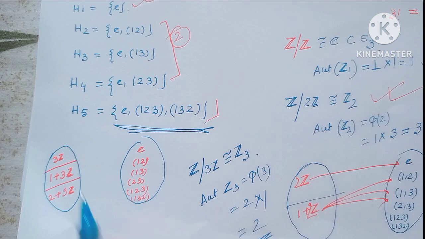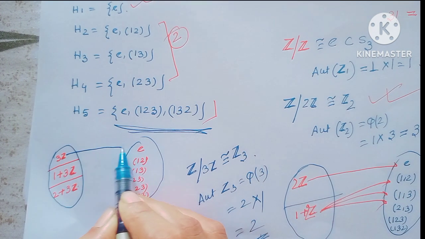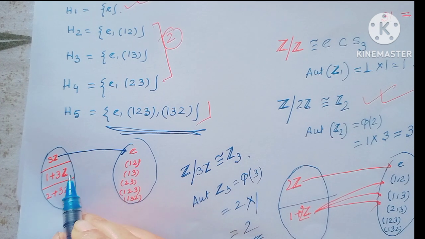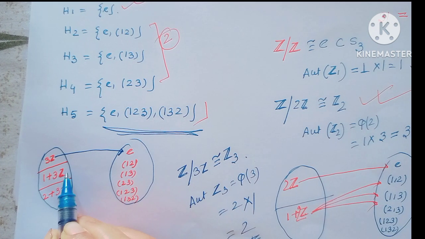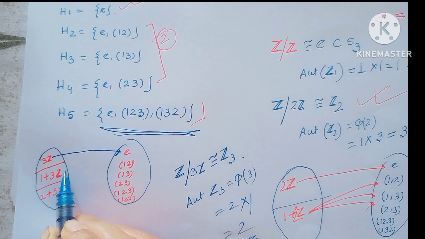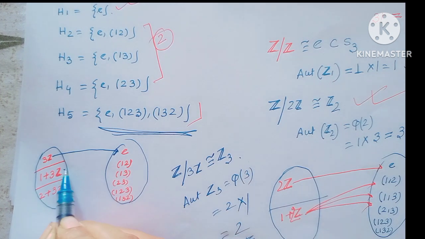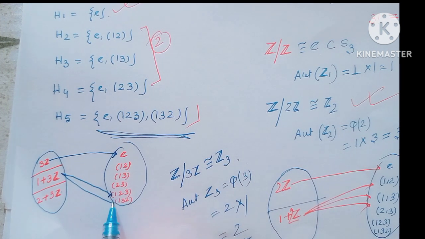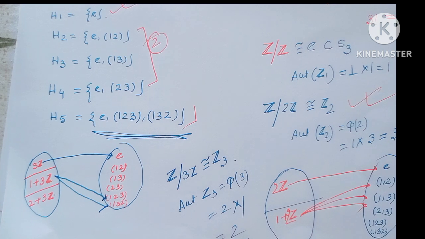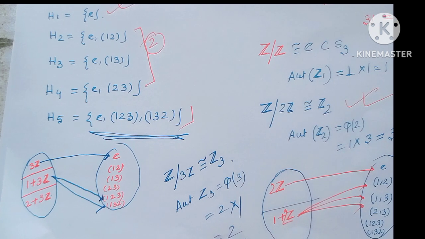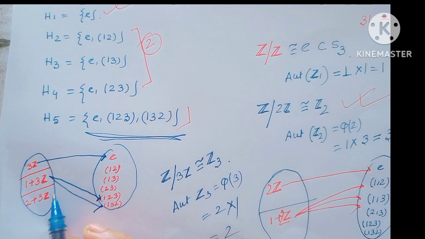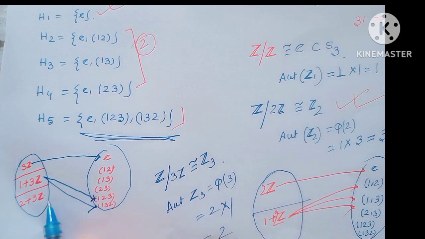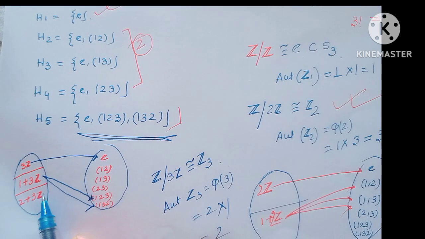For this mapping, 3Z maps to identity, since this is the normal subgroup, and 1 plus 3Z maps to either (1 2 3) or (1 3 2). That means there are 2 choices. If 1 plus 3Z maps to (1 2 3), then 2 plus 3Z would map to (1 3 2).